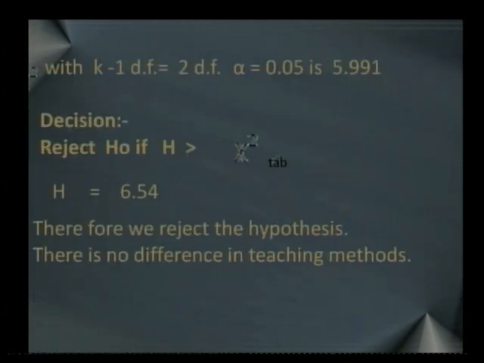Applying the same procedure, I found the value of H is 6.54. I compare it with the tabulated chi-square with k minus 1 degrees of freedom, which is 5.99. So automatically I will say we reject the hypothesis, because the calculated value is greater than the tabulated value, and we find that there is a difference in the teaching methods.